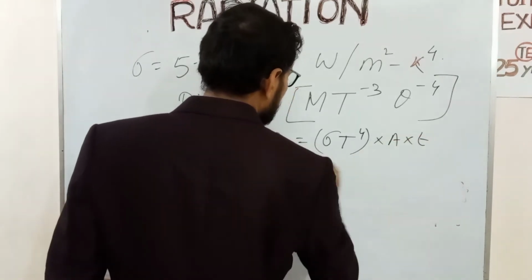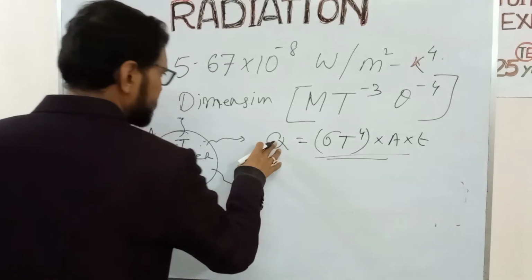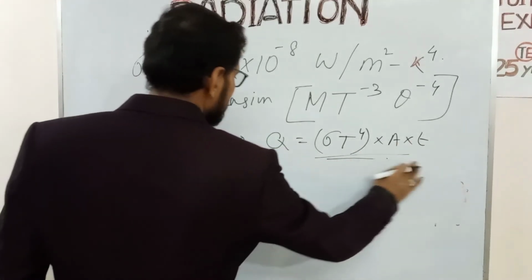This is the heat energy radiated in t seconds for a perfectly black body.